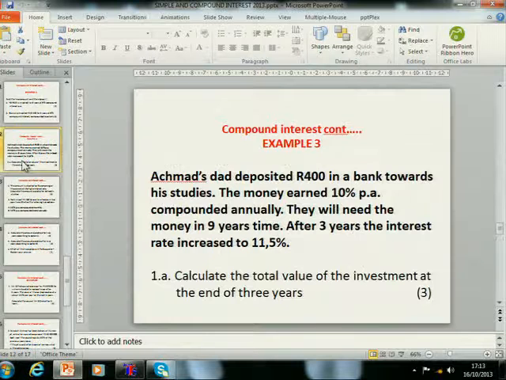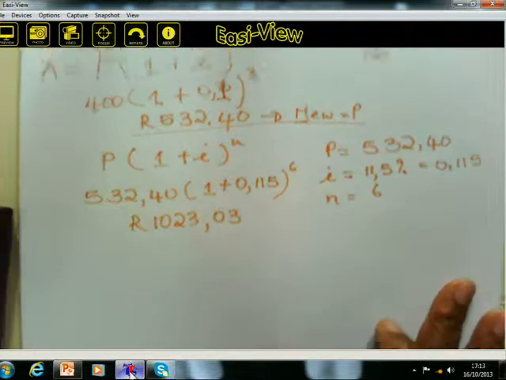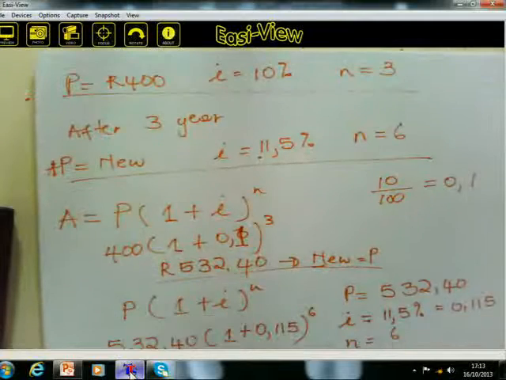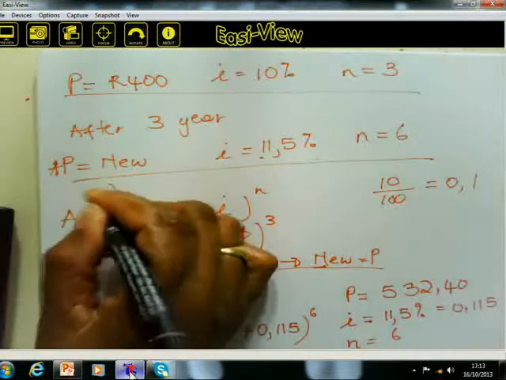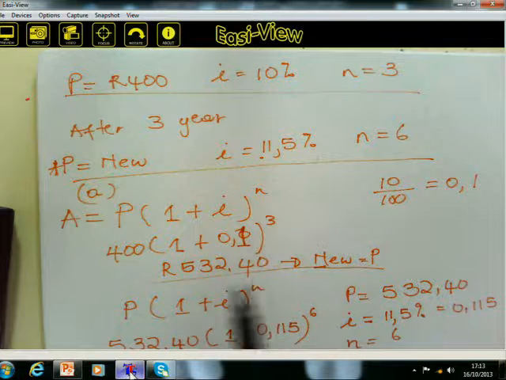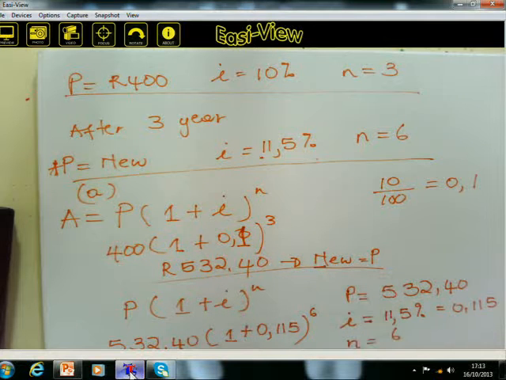Calculate the total value of the investment at the end of 3 years. Let's go a bit back. This will be A. After 3 years, we'll be having 532 rand 40 cents, which will be our new amount.